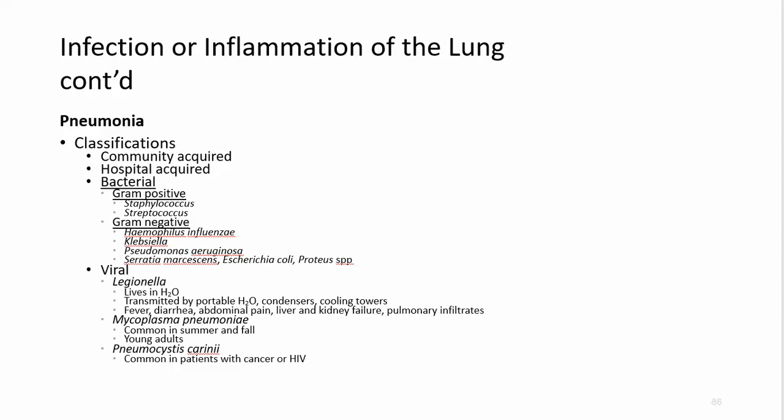Mycoplasma is yeast. Pneumocystis carinii is an opportunistic one that happens in immunosuppressed people. So people undergoing chemotherapy, people with AIDS, people with anti-rejection drugs are susceptible to Pneumocystis carinii.